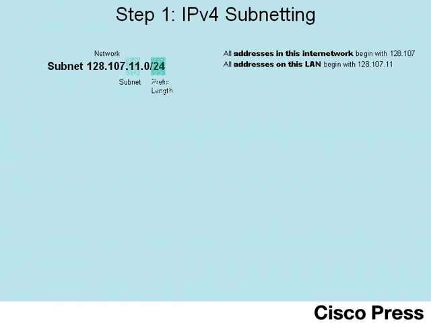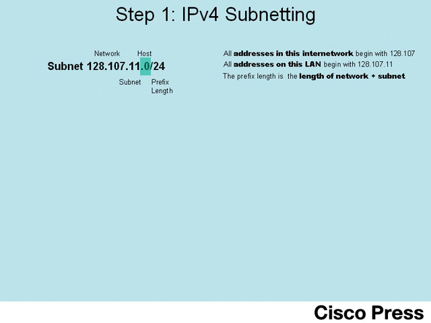Now, we denote the fact that it's the whole first three octets, or first 24 bits, by putting a slash at the end of the number and listing 24, the number of bits in the combined network and subnet parts of the address. Finally, the one remaining portion of the address is the host part of the address. It's the fourth octet in this particular example.